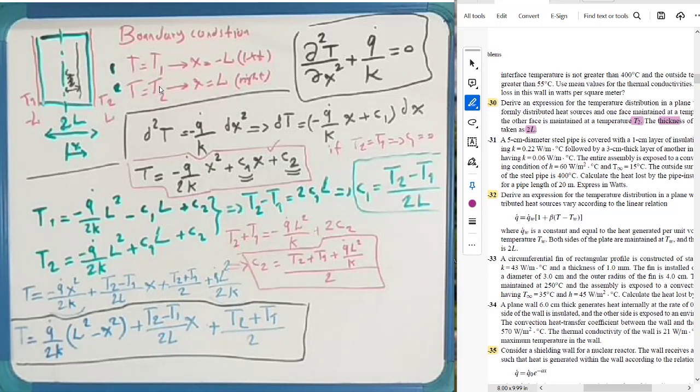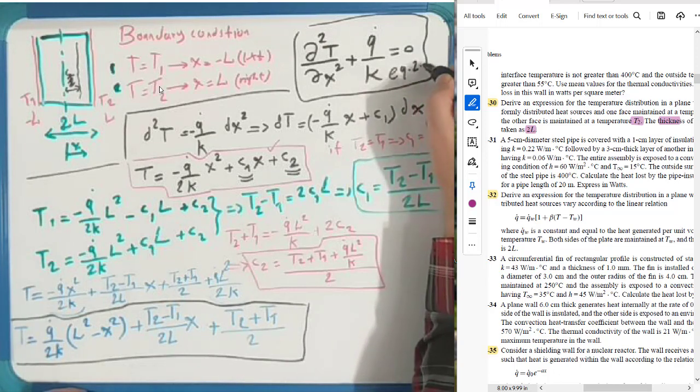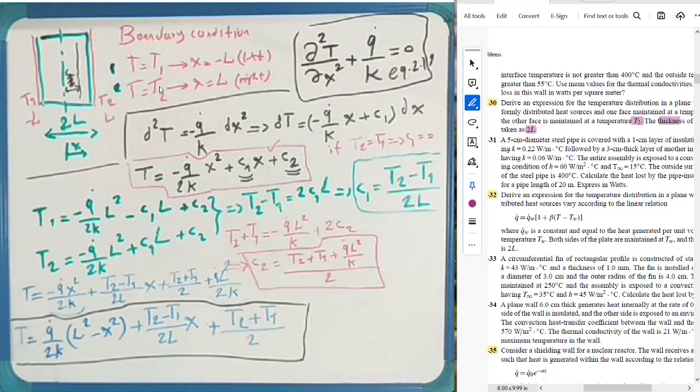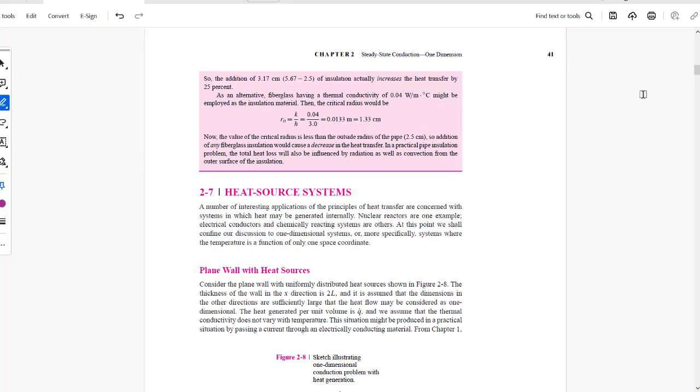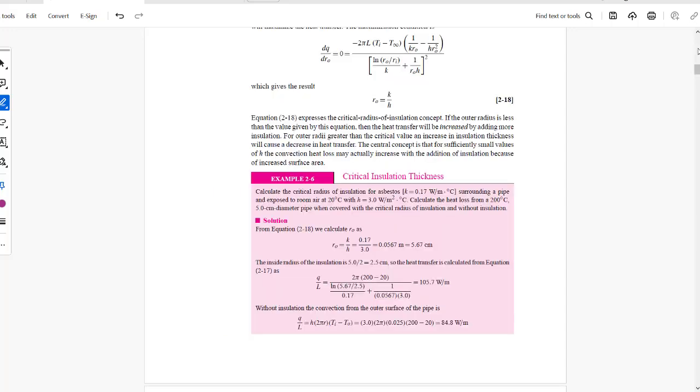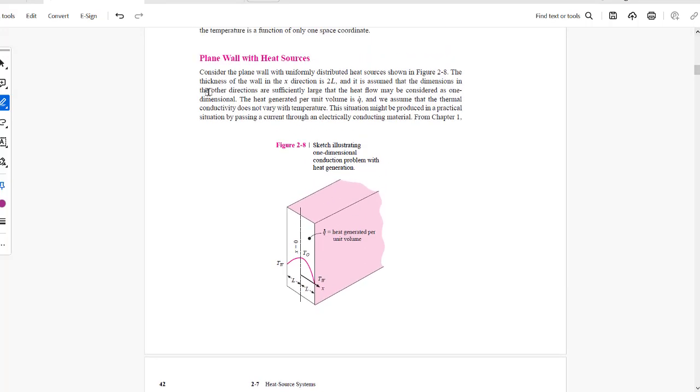But let me show you this formula in the book. The same situation, a plane wall with heat sources, exactly the same as I drew for you.